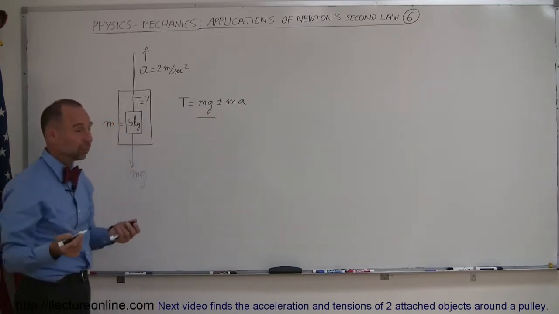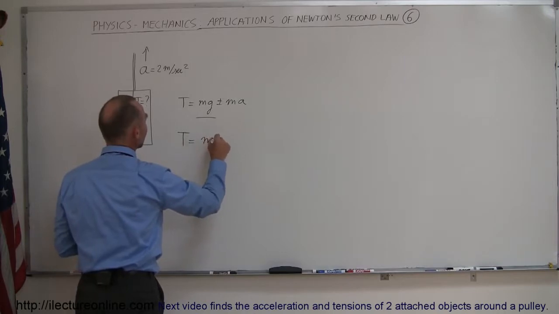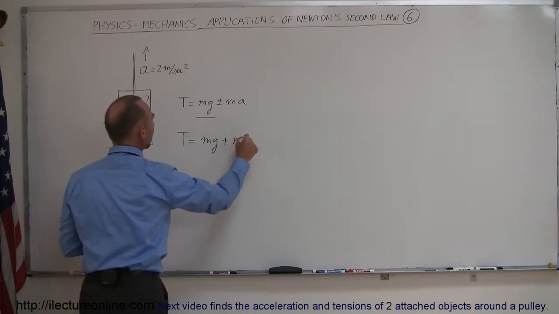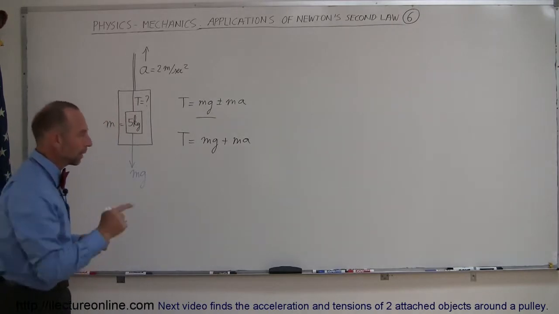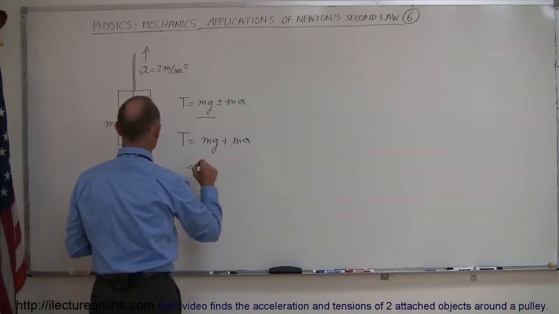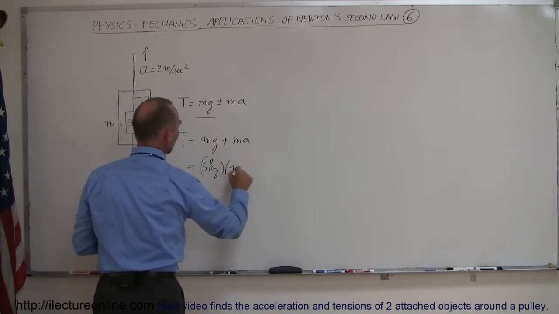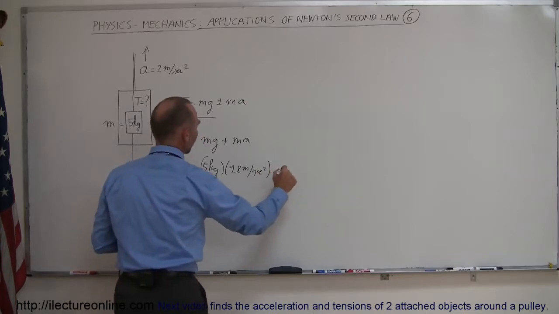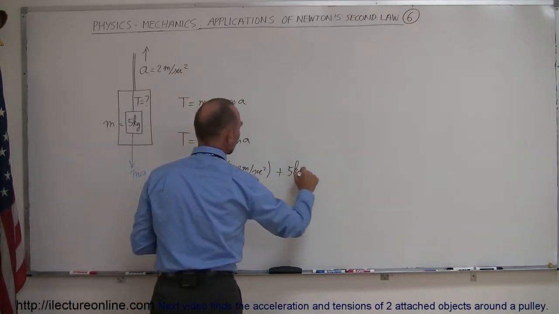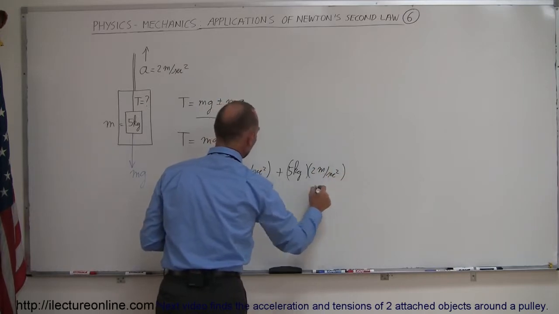So in this case, it would seem to make sense to say that the tension in the string is going to be equal to the weight of the object plus the force required to accelerate it upwards against gravity. Plug in the numbers. We have 5 kilograms times 9.8 meters per second squared plus 5 kilograms times 2 meters per second squared.